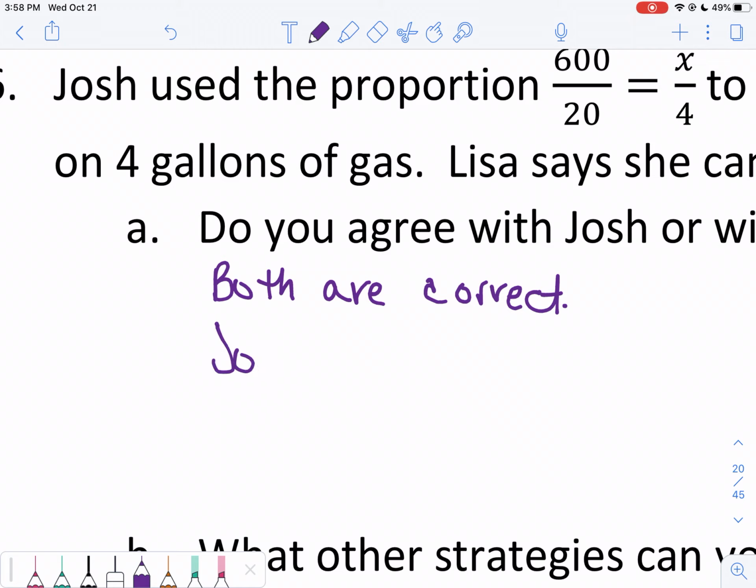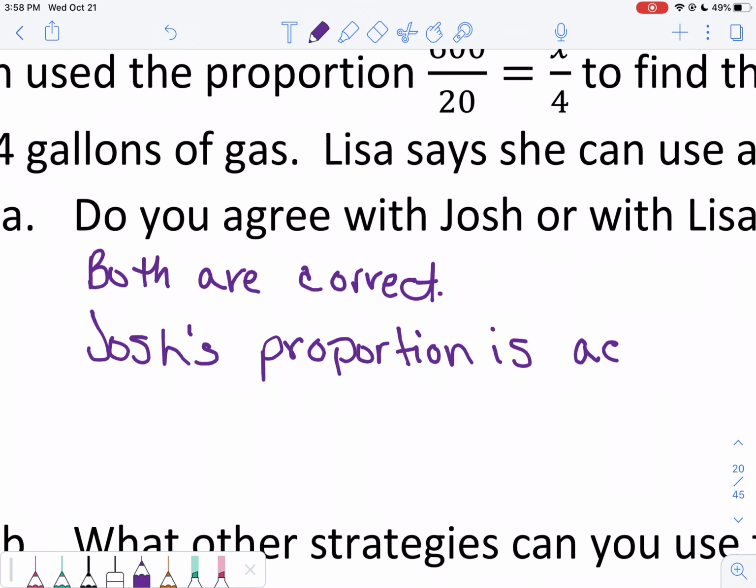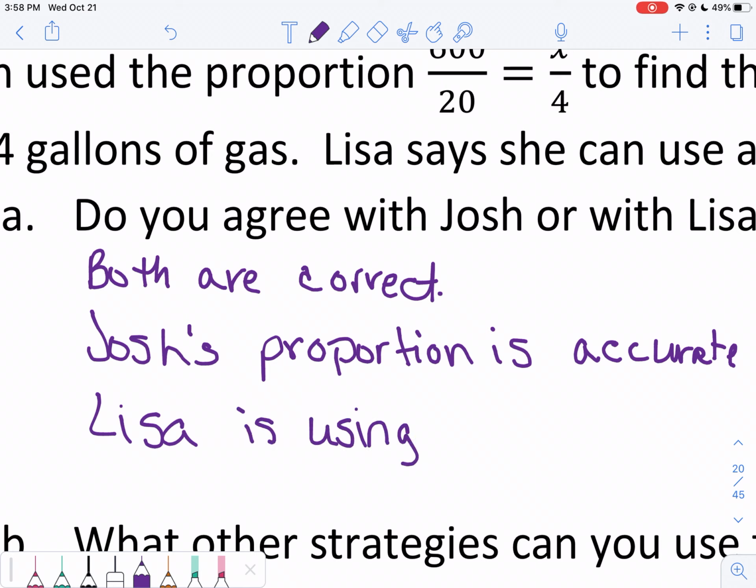So Josh's proportion is accurate. And Lisa is using the unit rate.